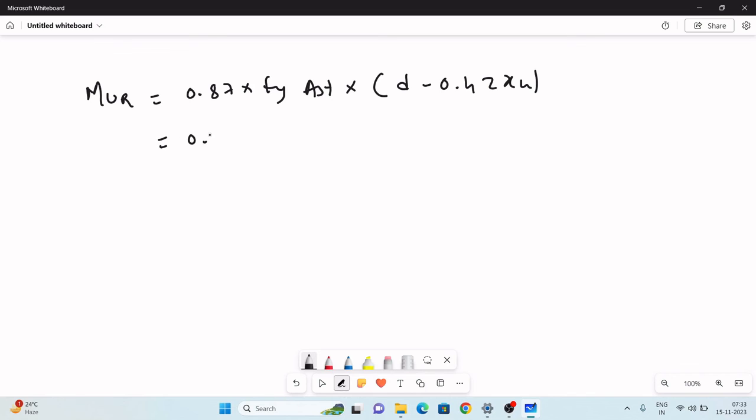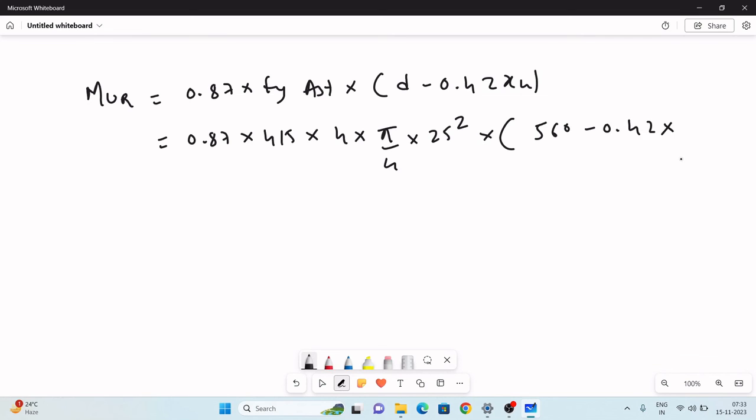Okay, 0.87 into 415 into 4 bars of area of each bar, that is pi by 4 into 25 square, into D is 560 minus 0.42 into the value of XU, 82.07. So by this formula you are getting MUR equal to 372.65 kilonewton meter. You'll be getting in Newton mm, and you can convert that Newton mm into kilonewton meter.